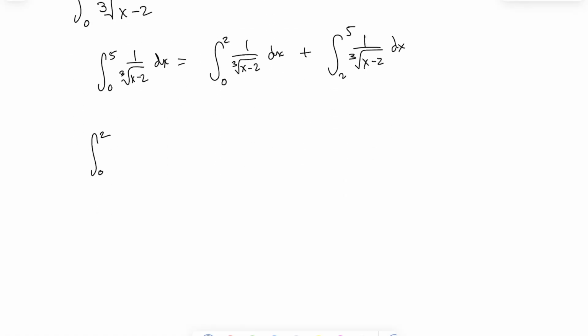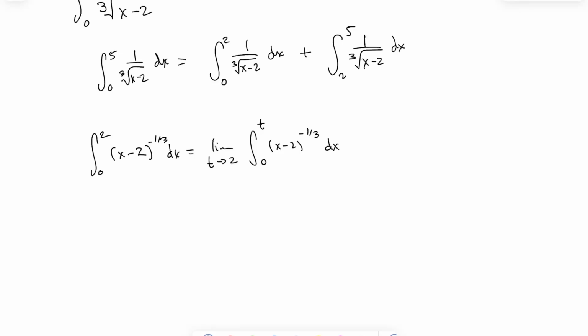Integral 0 to 2, 1 over, could I write this again as a minus 1/3 power, right? That's what that is. Dividing by the cube root is a minus 1/3 power. And the problem value here is the 2, so I'm going to turn this into lim t goes to 2, integral 0 to t, x minus 2 to the negative 1/3.